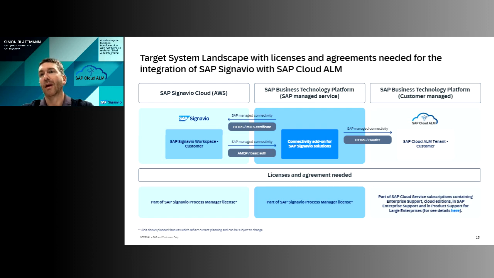You could also define your own status in Process Governance, for example that the diagram is ready for implementation, and then configure the integration so that only diagrams which meet this criterion are synchronized to SAP Cloud ALM.